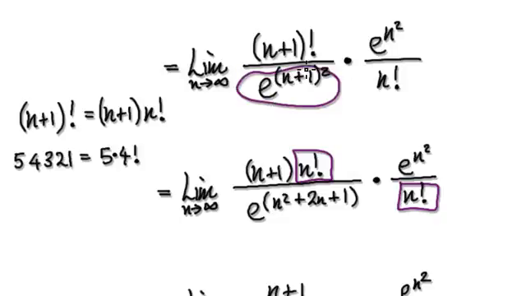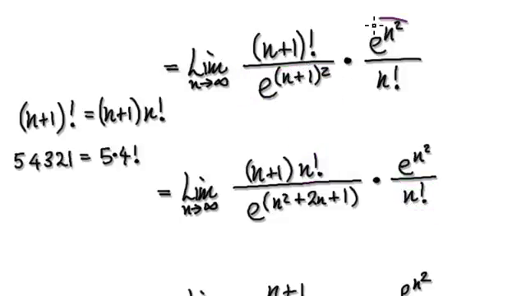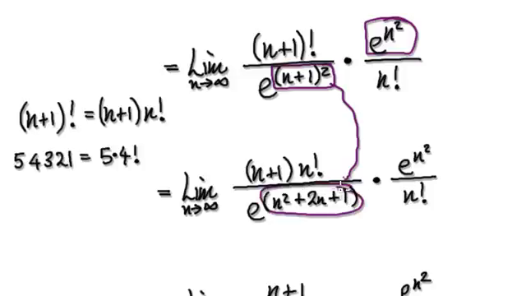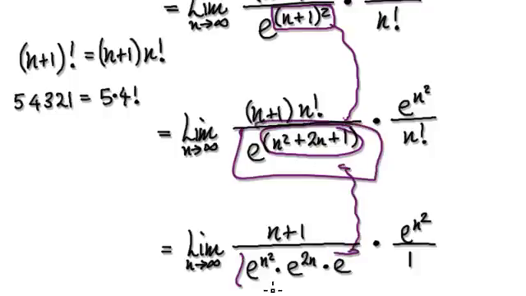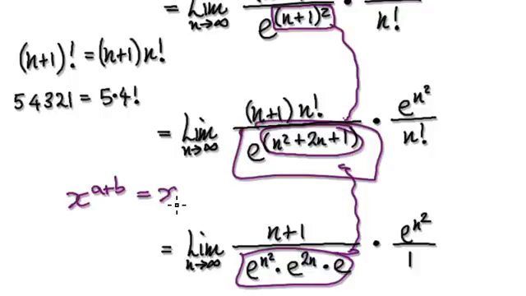Also, looking at this, the trick here is to multiply this bit out. If you square this, it will then become this. And then this becomes this, because x to the power of a plus b is the same as x to the power of a times x to the power of b.